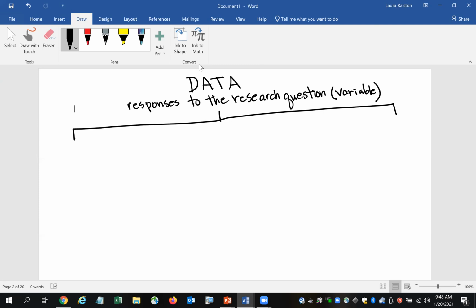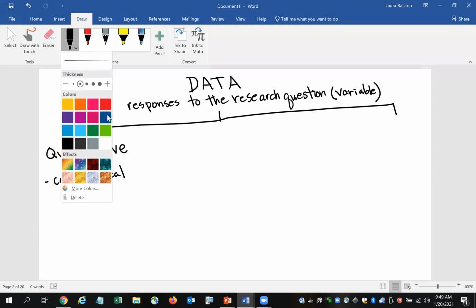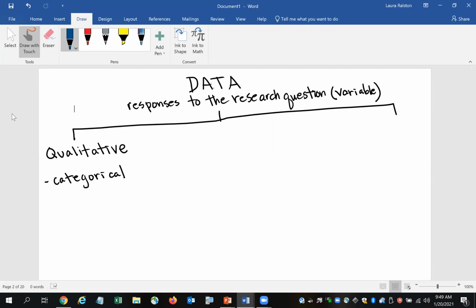The first type of data is called qualitative. Sometimes it's called categorical. That's another term you might see. But if you notice, qualitative is an adjective, and within that adjective you have the noun quality.